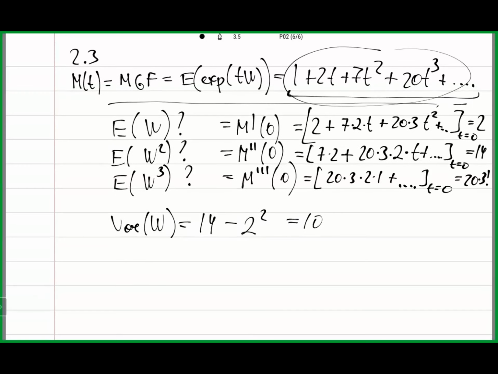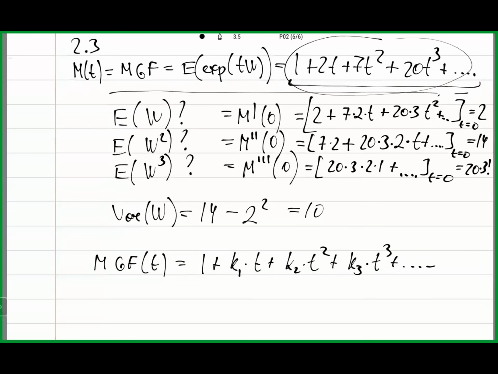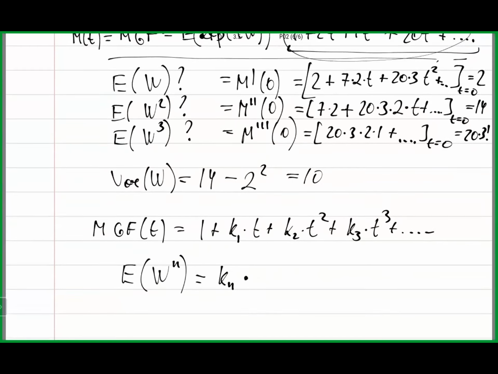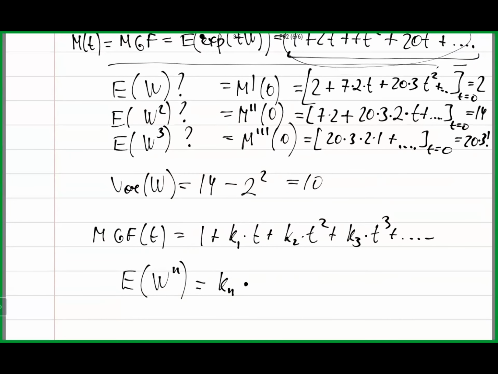And in general, if the MGF has a Taylor expansion, let's say k0 plus k1 times t plus k2 times t squared plus k3 times t to the power 3 and so on, then to calculate the expected value of W to the power n, you will get kn multiplied by the factorial of n.